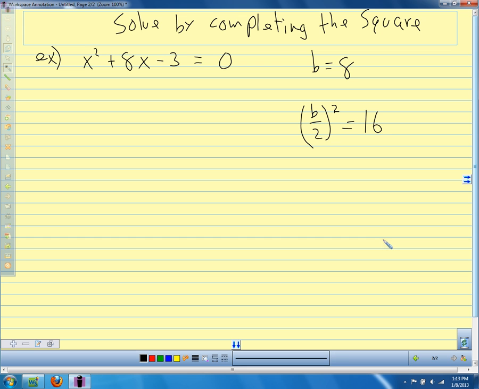So I'm going to add 16 to both sides. So I'm going to say that this is x squared plus 8x plus 16. I'm going to put a minus 3, and I'm going to add 16 to this side also.